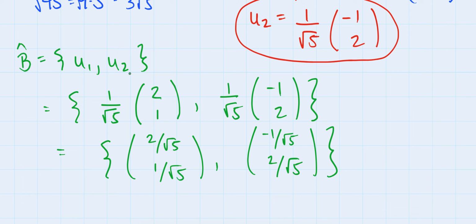So the inner product of U1 and U2 is 0. And then just take the length of these. If you take the inner product of U1 with itself, 2 squared is 4, plus 1 is 5, and then you square this, so you get 5 over 5, which is 1, and the same thing happens here. Negative 1 squared is 1, 2 squared is 4, add them together, 5, and then you get the same. So this is an orthonormal basis.